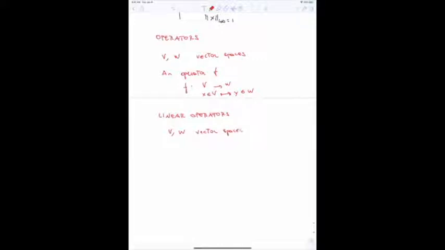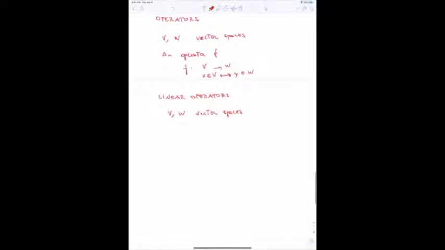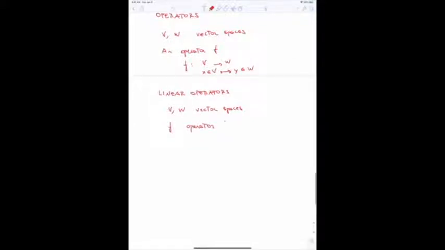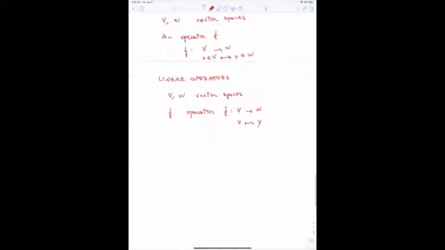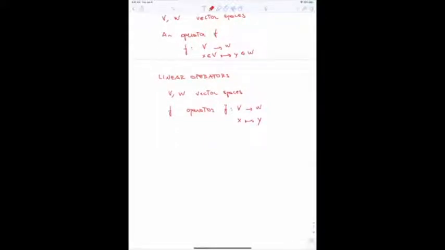And again, most of the time, these vector spaces will be the set of real numbers, either in one or multiple dimensions. And then we have an operator F that associates to an element X in V an element Y in W.